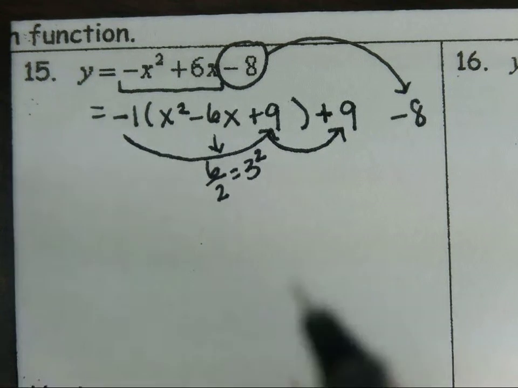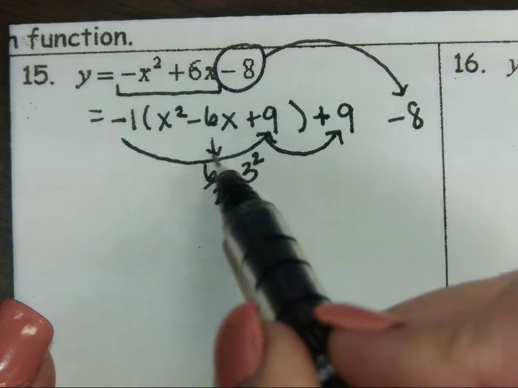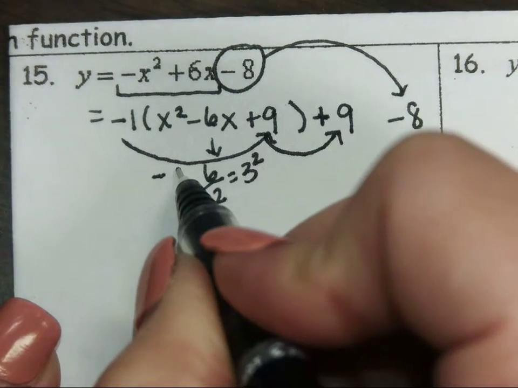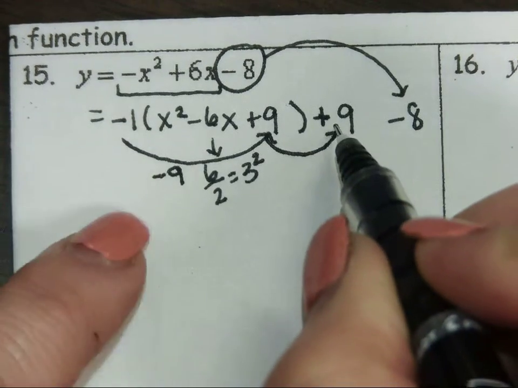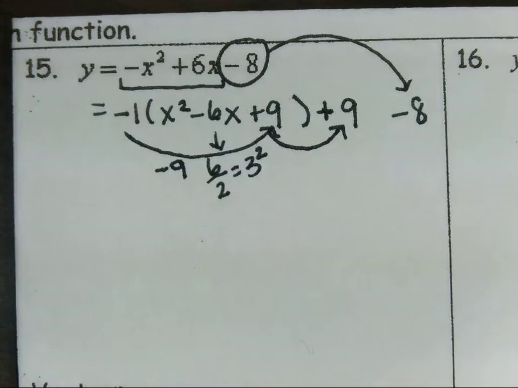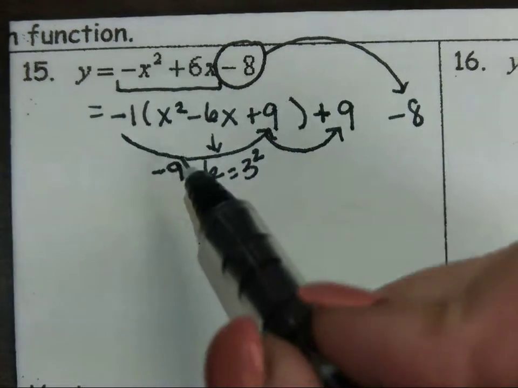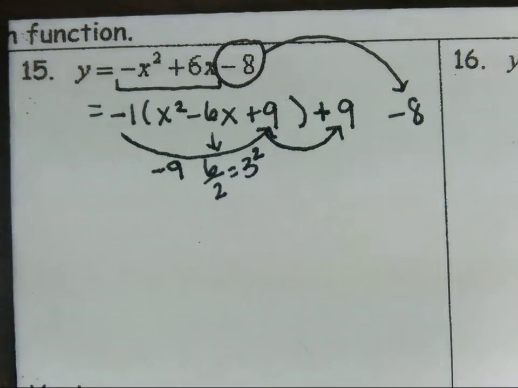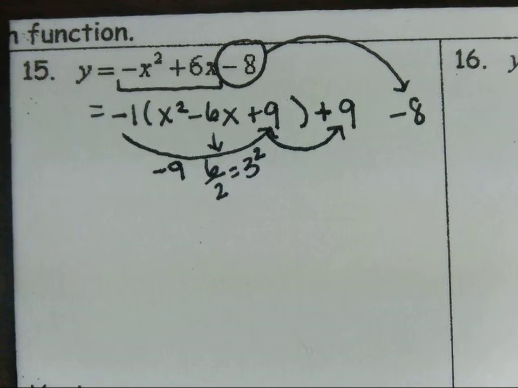Think about it: if I take -1 times 9, that's really what I have sitting in here. And so I need to do the opposite to counter the balance. So if it's a minus, instead of subtracting, I need to add it. But you have to think about that number and what that value really is before you figure out the balance.